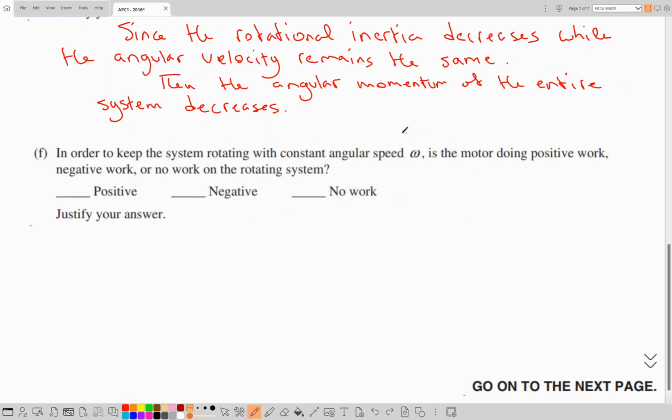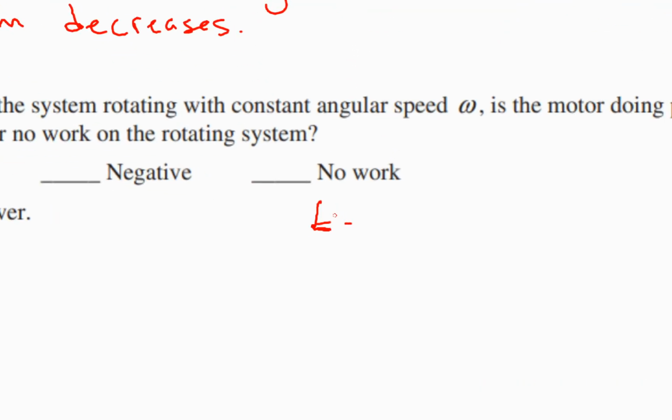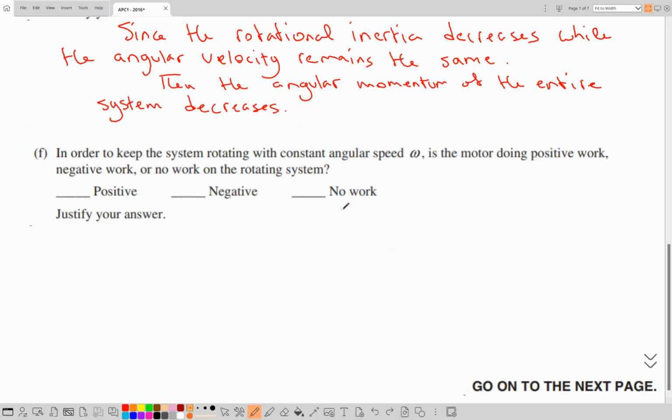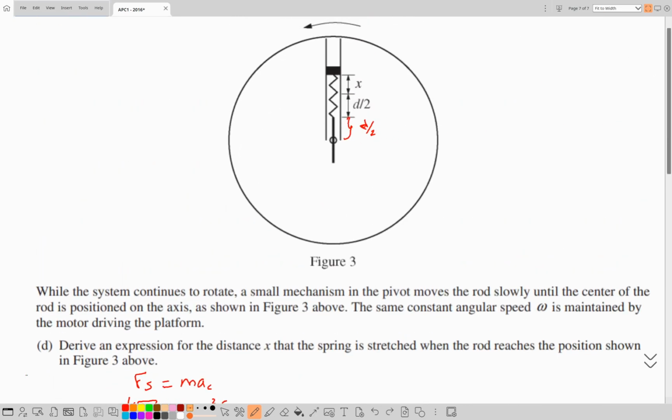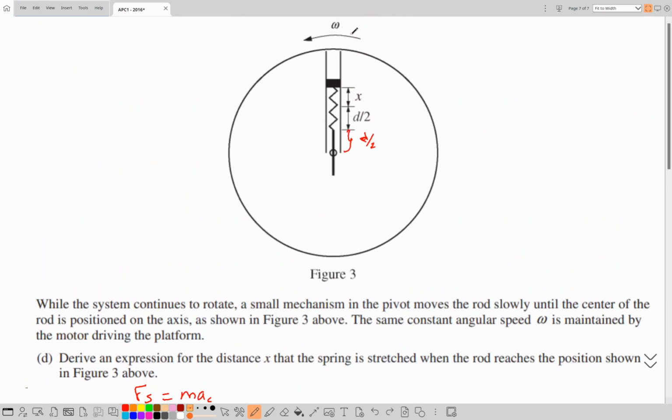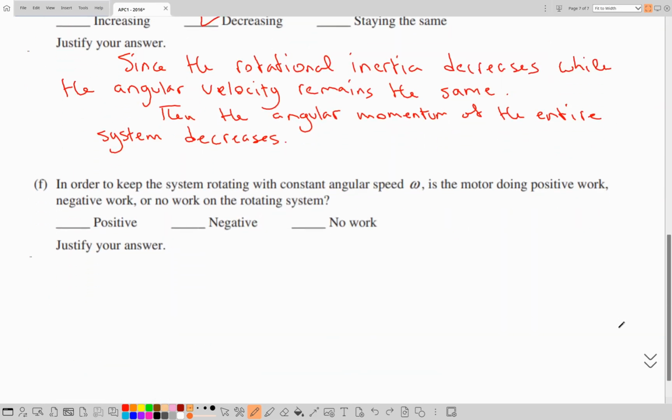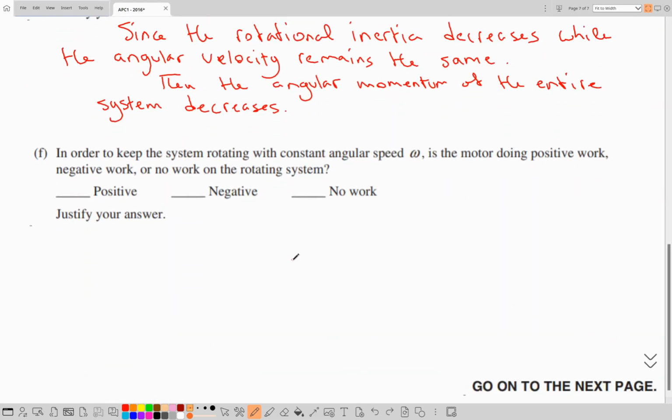Now here we have mentioned that the rotational inertia decreases and kinetic energy is about half I omega square. Then if I decreases, then the kinetic energy is decreasing. So basically what's happening to the disk while it's rotating, even though it's rotating at a constant angular speed omega, is that the kinetic energy, which also depends on the rotational inertia, is decreasing.